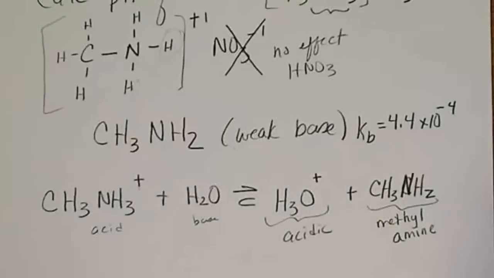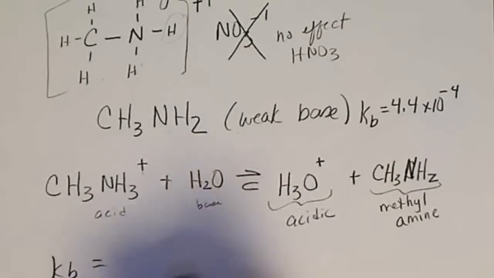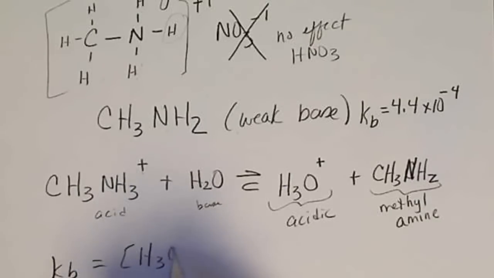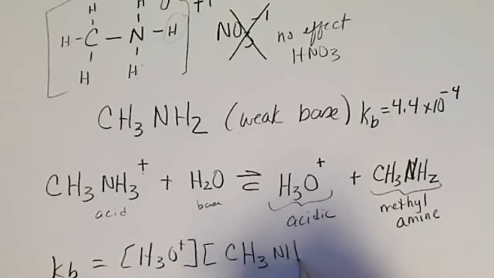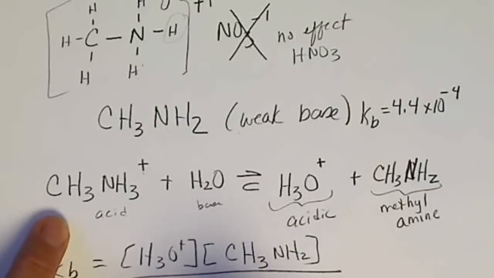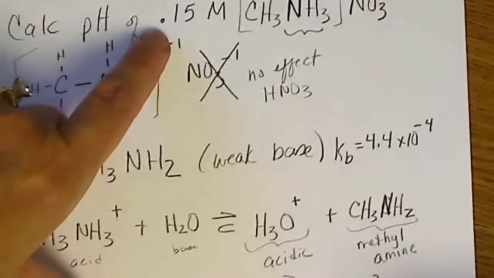Okay. So if we write the equilibrium expression for this, Kb equals the H3O plus. Sometimes I get lazy and just put x squared, but that's what that's going to turn into, all over the concentration of the salt. So this turns into x squared divided by the initial concentration of the salt, which is 0.15.